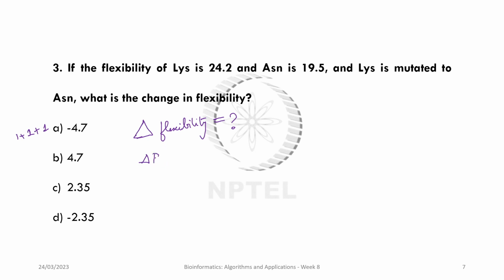Okay. Any change in property is the mutant minus wild type. So, what you end with minus what you start with.